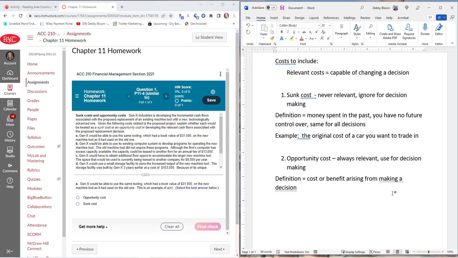Now, an example would be the trade-in value of the car that you want to trade in.